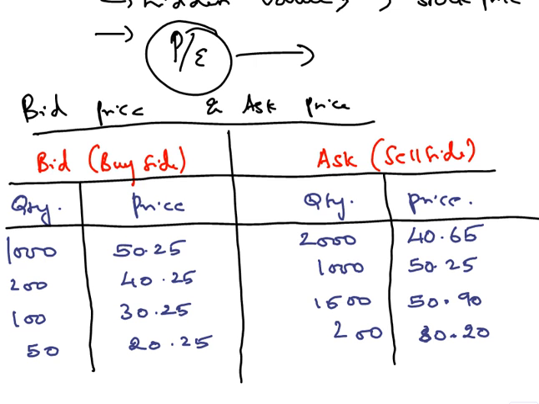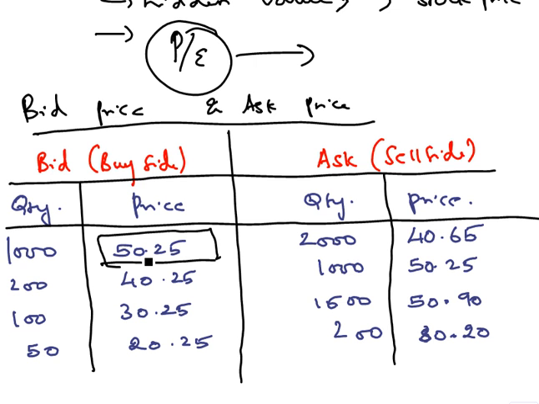But before that, if you see the arrangement here, the bid quantity and the price, the best bid or the best buy order is the order with the highest price. If somebody wants to buy from a seller at 50.25, which is the highest price, then that is the best bid.